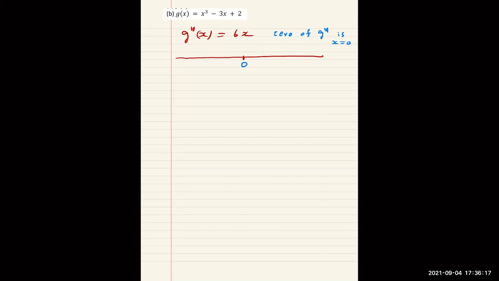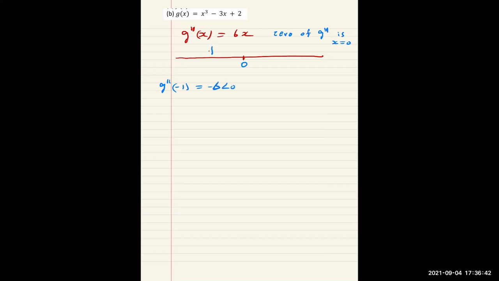Now I want to have the sign chart. Notice that if I plug in a number to the left of 0 in my function g double prime of x, it's a negative number. Let me show you the work here for the first time. G double prime of, I'm picking a number to the left of 0, say minus 1. That is equal to 6 times minus 1, which is minus 6. It is a negative number.